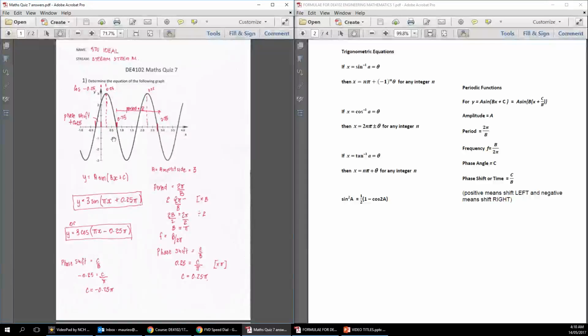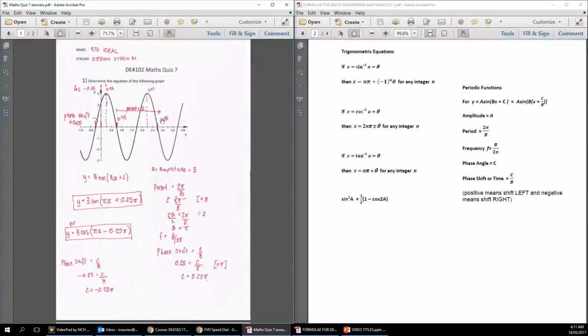Because we can see that both the sine and the cosine graphs start, the starting point, if this was a sine graph, the starting point would be there like that, and it goes up and round like that, and that's one cycle. If it was a cosine graph, it would start here at the top of this peak here, and it would go down there, around there, and back up to there.